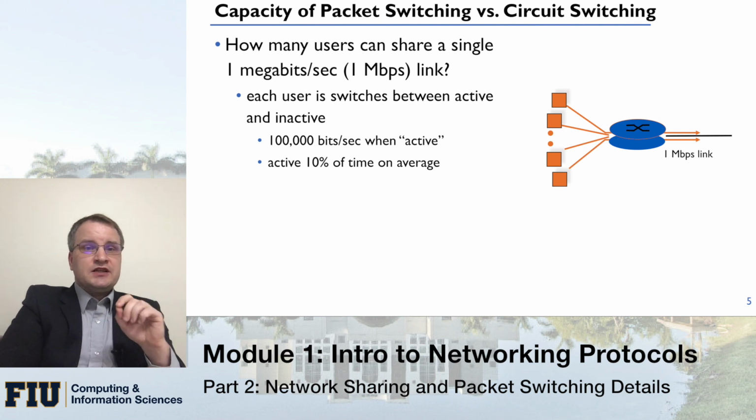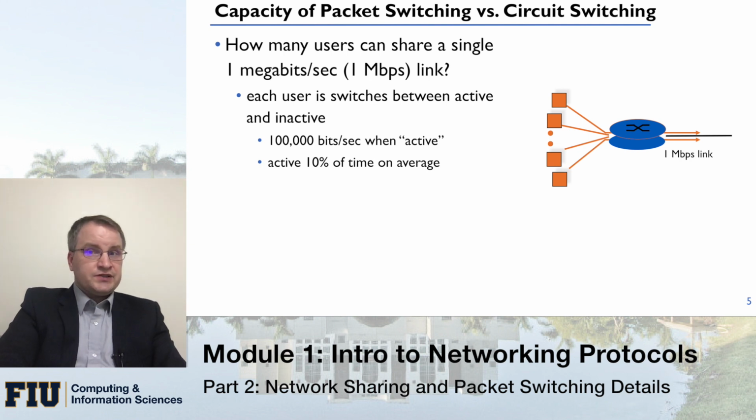But let us think of the efficiency of packet switching versus circuit switching, or in other words, how inefficient circuit switching is. This example is based on sharing the same link by multiple users. And the question here is pretty simple.